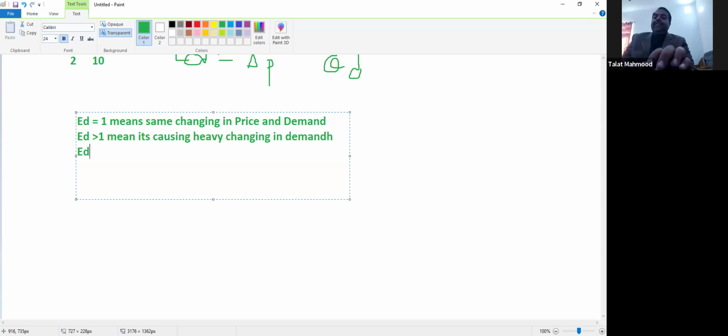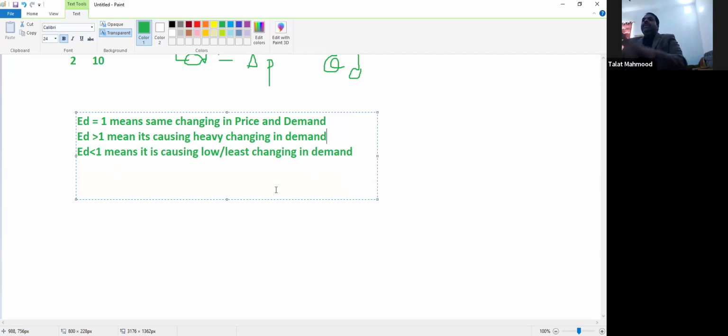If elasticity of demand is less than 1, it means it is causing low or least changes in demand. So these are three things that could happen, but there are some other things.